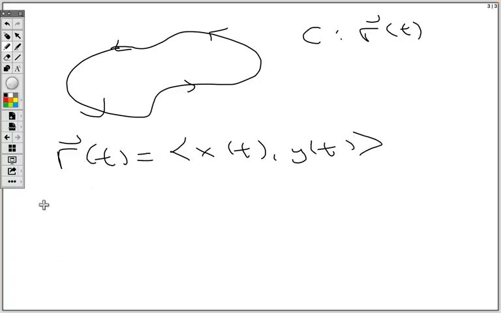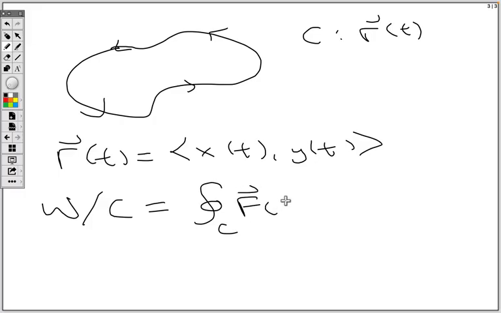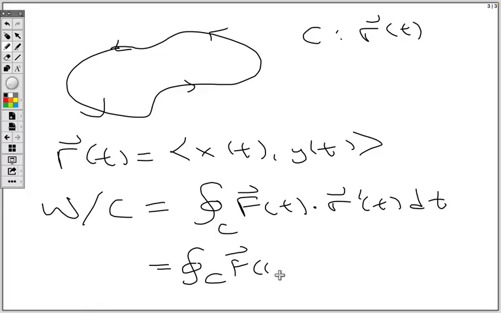And then we could get the work or the circulation, depending on what we're looking at, which would be the integral around that curve of F of t dot r prime of t dt. And r prime of t, remember, take the derivative component wise. Okay, and so that's kind of what we were looking at yesterday.